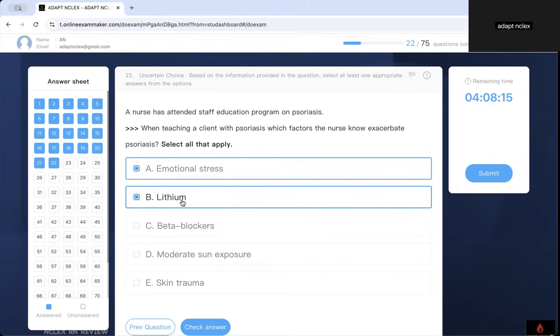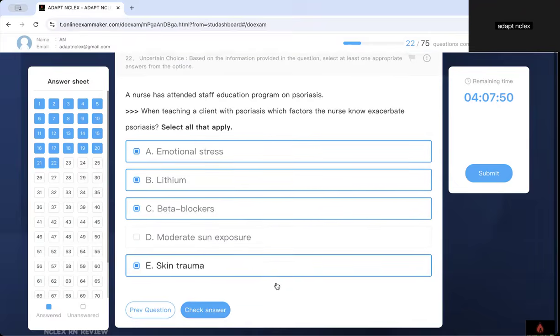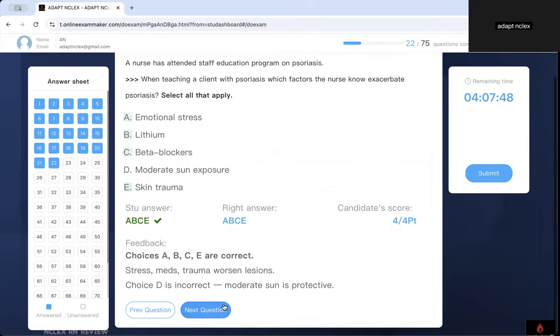Lithium, they hate it, psoriasis patients. Beta blockers also cause exacerbation of psoriasis. And moderate sun exposure, the more you expose yourself to sun, the better. Skin trauma worsens it, so with this patient you want to avoid biopsies and other things that can cause a problem. But the sun exposure, the UV light, can destroy the psoriasis. So it's very, very important.